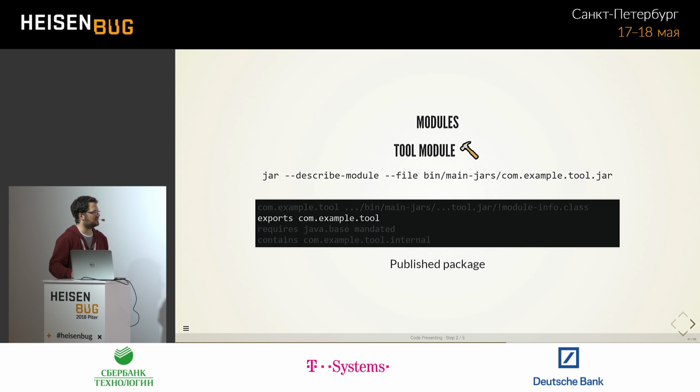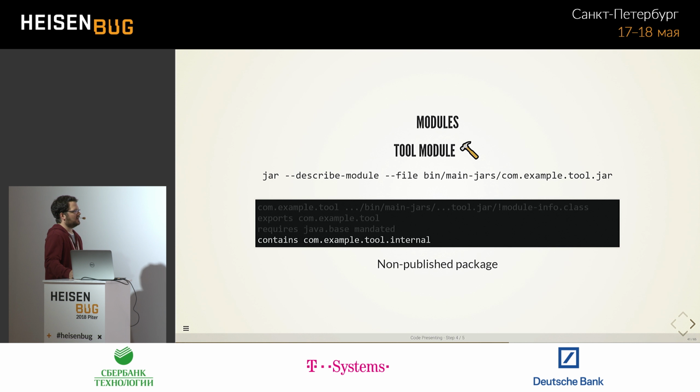It says, yeah, I export a package for everyone. I require java.base, which is mandated. You don't have to name it. java.base is always in, so no need to name it, but it is reported here. And it contains a package com.example.tool.internal, which is not published, just inside the jar.